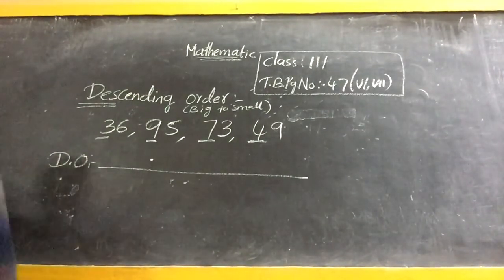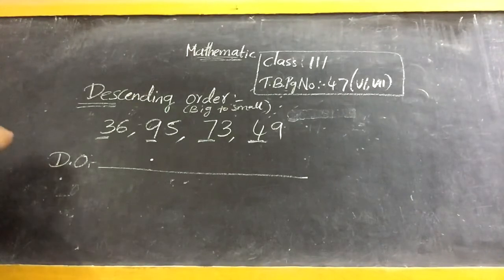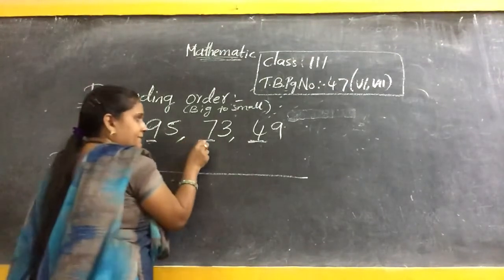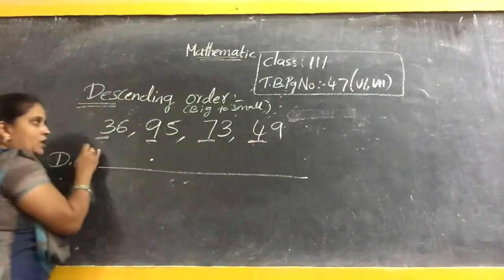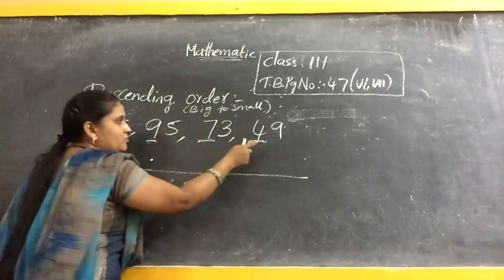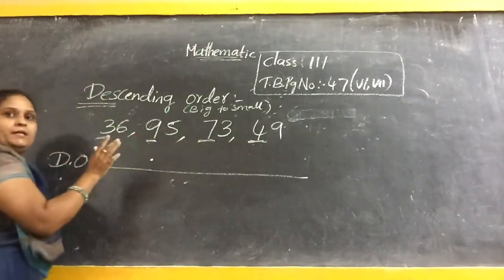Now, compare and see which is the big number. 3, 9, 7, 4. Among all these, which is the big number, children?